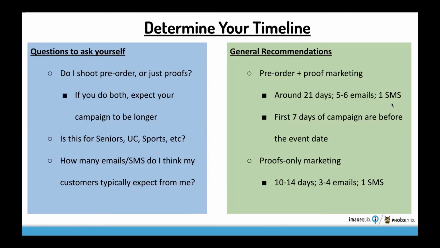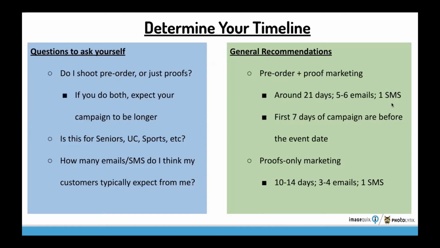People are a lot more sensitive when it comes to things coming onto their phone, coming into their personal messages. So we do try and limit that 1 SMS to be between the first and second proof email, just announcing that their photos are online and giving them a direct gallery link. I'd also like to note that the first 7 days of that 21-day campaign would be before the event date to highlight the pre-order option.